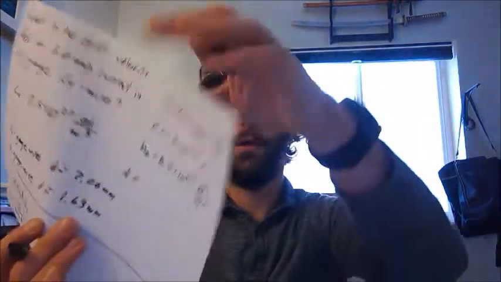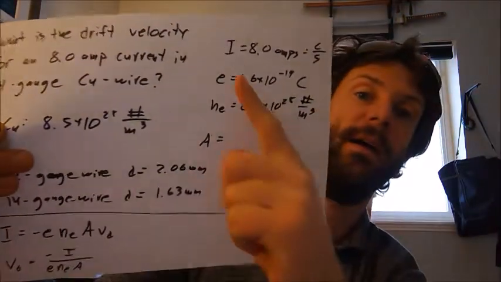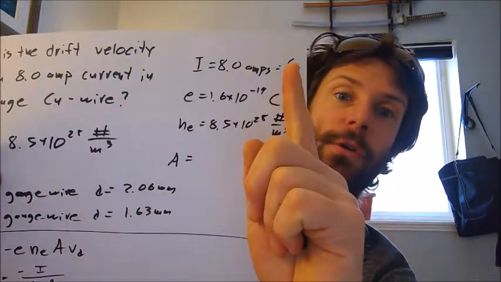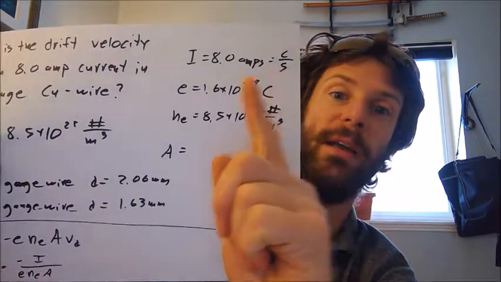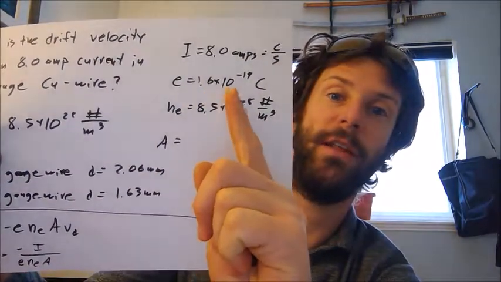Amps is C over s. e is the charge of the electron, which we know is 1.6 times 10 to the minus 19 coulombs. n_e was given, that 8.5 times 10 to the 28 electrons per meter cubed. And now we need to find area. I'll show what we looked at: 8 amps, 8 coulombs per second, and there's that charge of the electron.